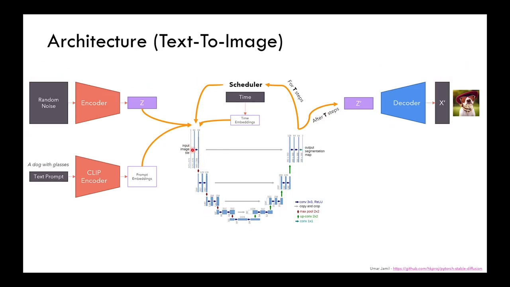As you remember, the UNet is the network that, given some noisified image, and we also indicate to the network the amount of noise that we added to this image, has to predict how much noise there is and how to remove it.